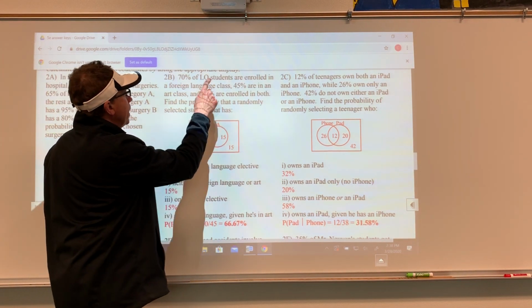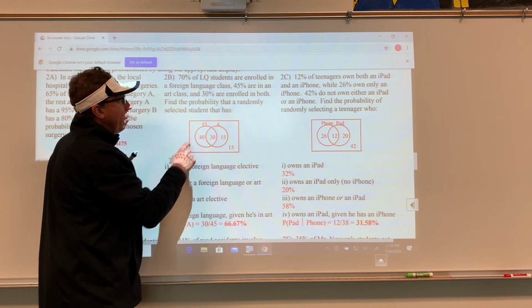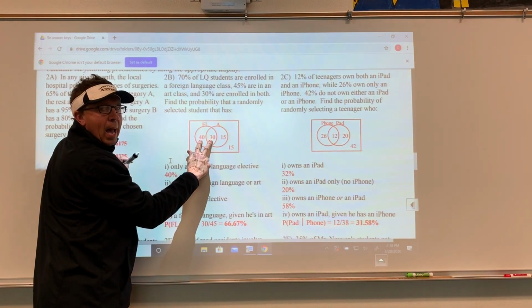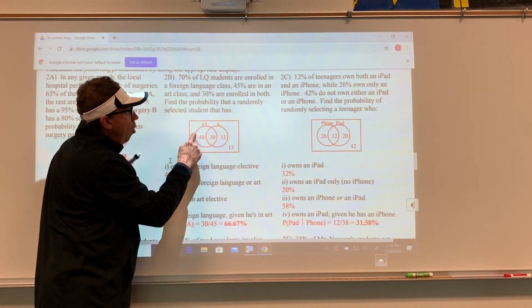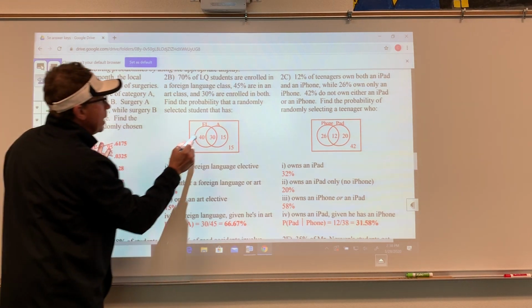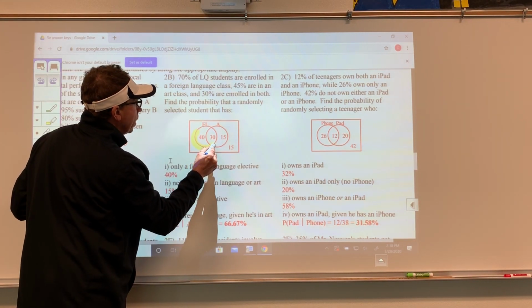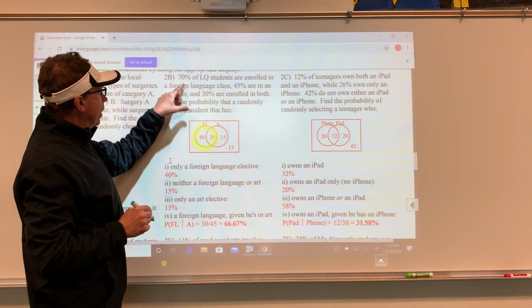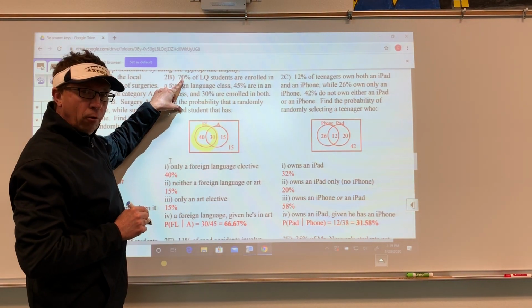Now, 70% are in foreign language. I put FL, foreign language, FL. Notice that these two add up to 70 because this whole bubble, which I should probably highlight so you can see it, this whole bubble right here should add to 70% because 70% are enrolled in a foreign language.